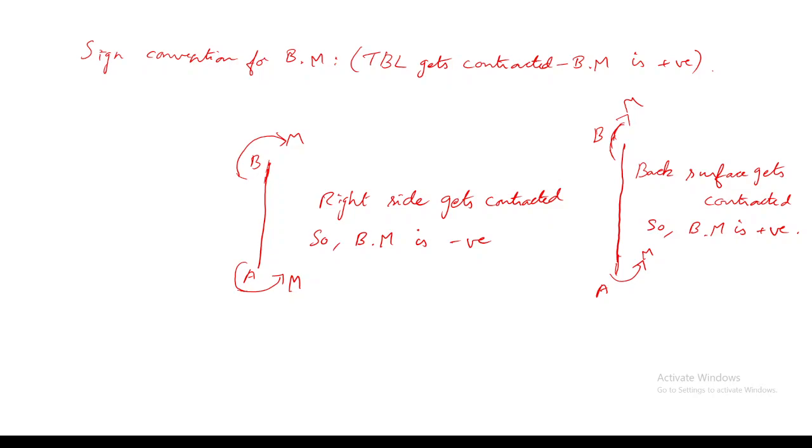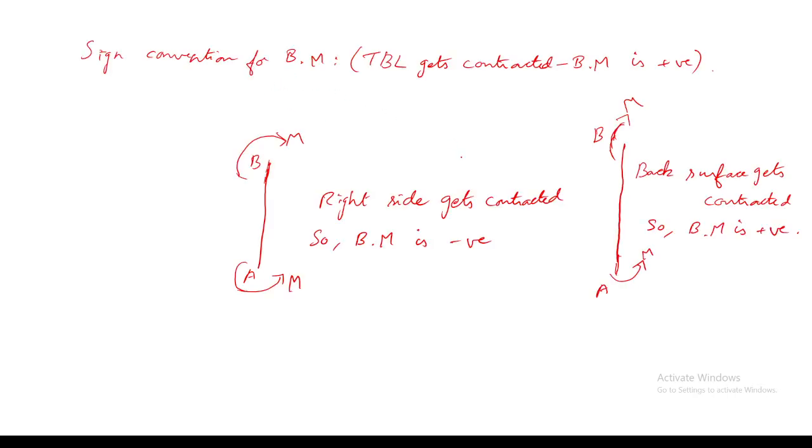But when you are having questions regarding this, the directions will be very clear. So we always have to look from the front so that we can decide which surface actually gets contracted.